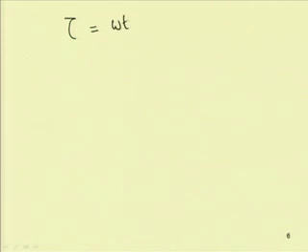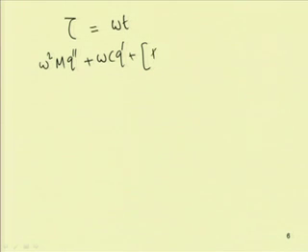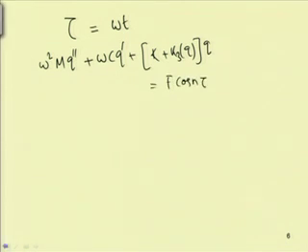I can write it in this form: omega square m q double dash plus omega c q dash plus k plus k 3 q, equal to f cos n tau.